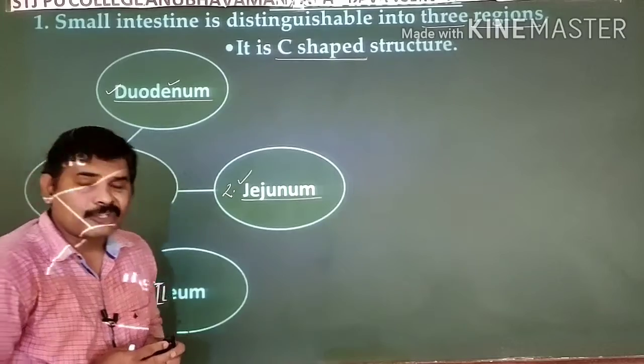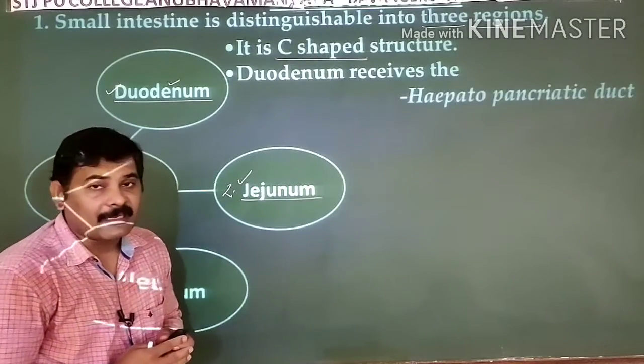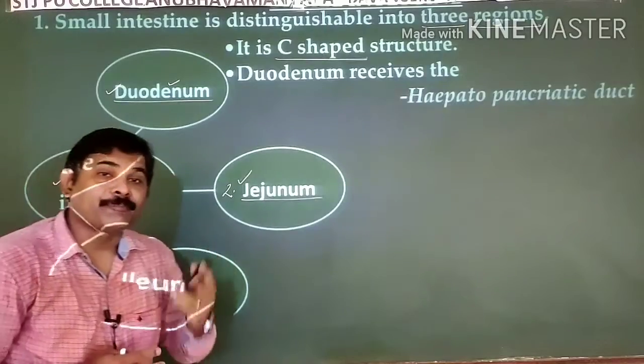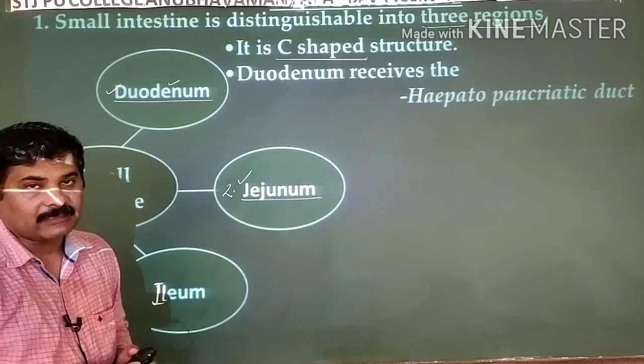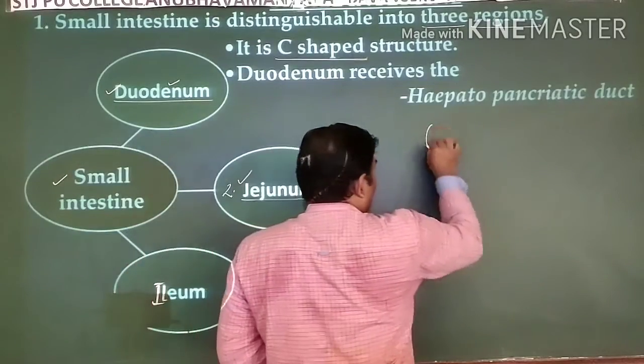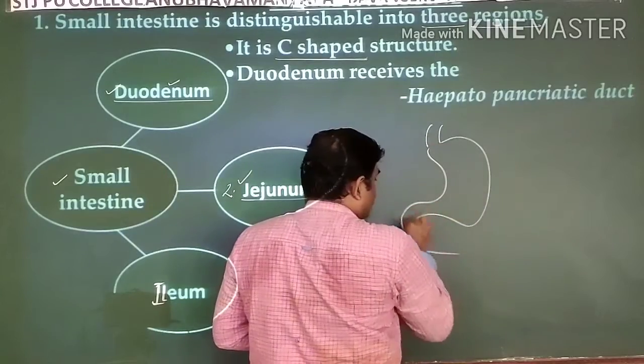And this duodenum receives the hepatopancreatic duct of the two important glands, the liver as well as the pancreas. If you see this structure, imagine this is the stomach, right?